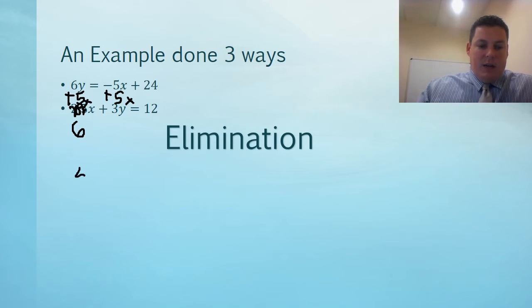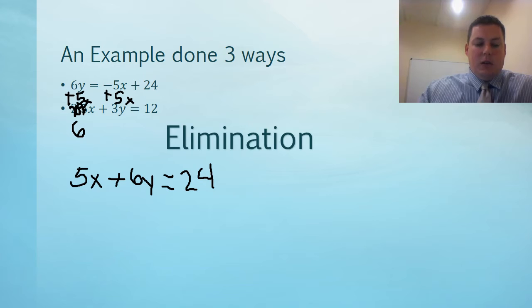So if I do that, I'm going to have 5x plus 6y equals 24 for the first equation, because I just moved that 5x over so it looked just like this bottom equation, right? Because now it's 6x plus 3y equals 12.